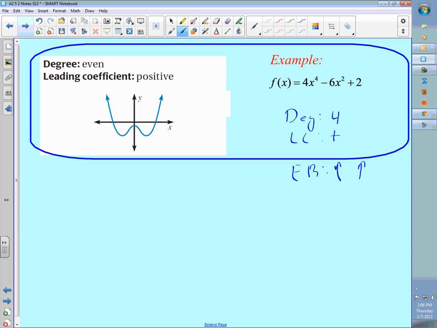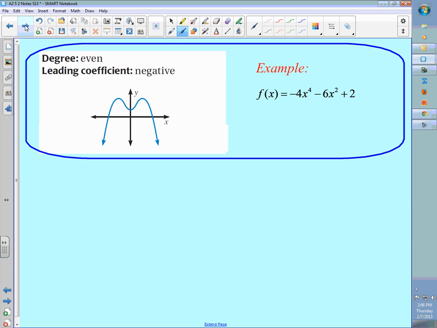Work on that list, because if you have that list down and it takes literally 3 seconds to do, you're going to find this is fantastic. Degree 4, leading coefficient negative, end behavior down and down. That's the important thing today. The picture, we don't care what happens with the wiggles. We just want to know that it's down and down on the ends.